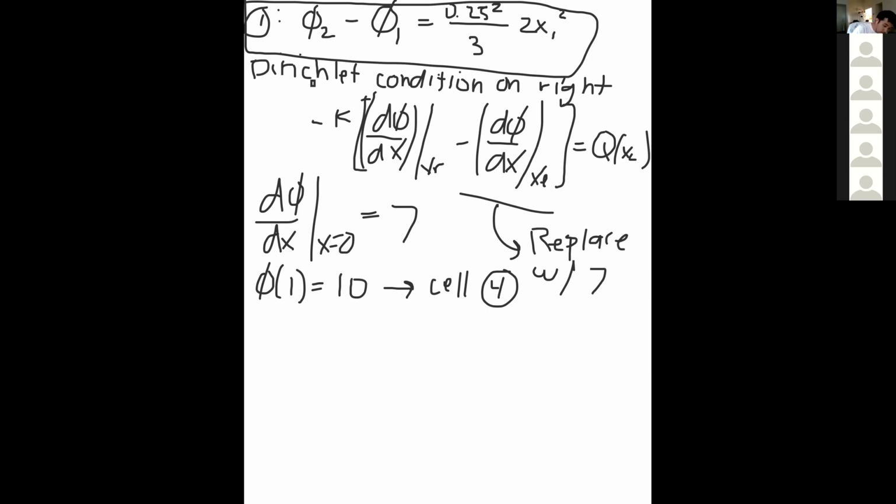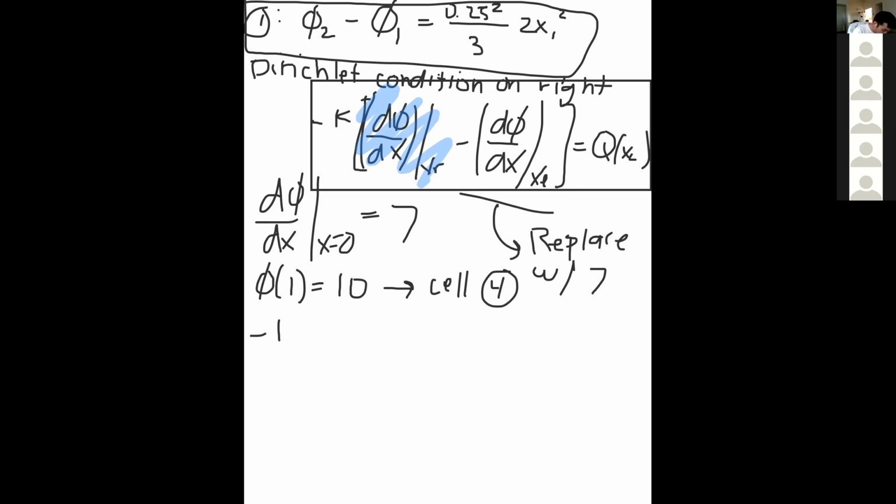It's kind of convenient that I wrote this. Since we have our Dirichlet condition on the right, let's replace this term right here. Since we know the value on the right-hand side, that's going to change how we compute this derivative here.